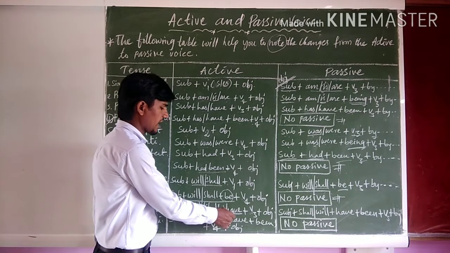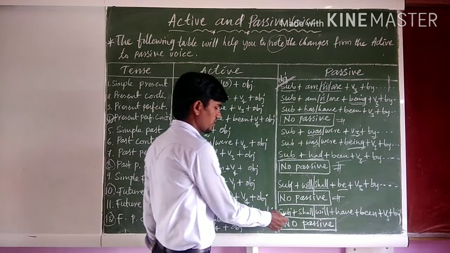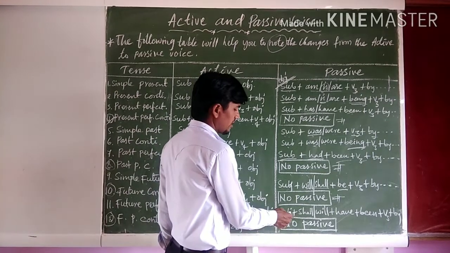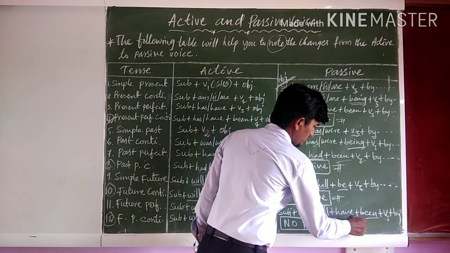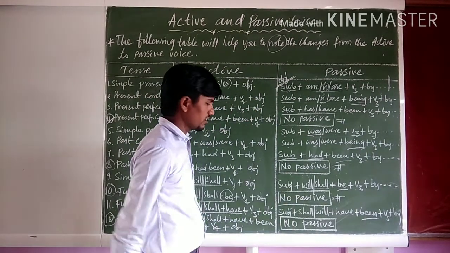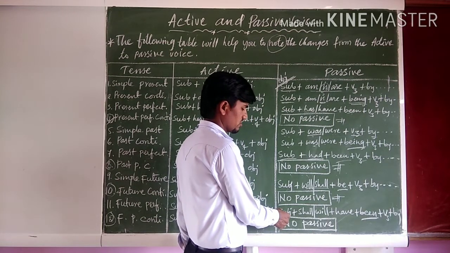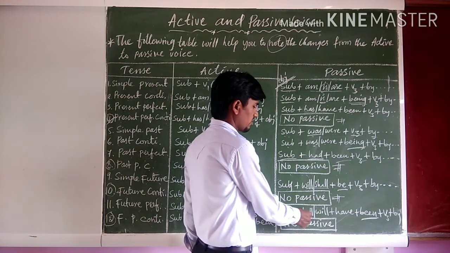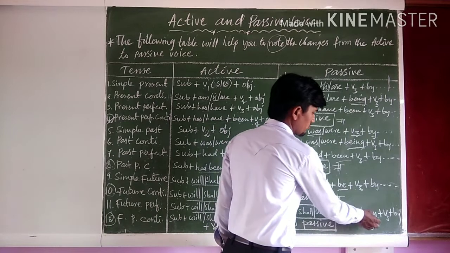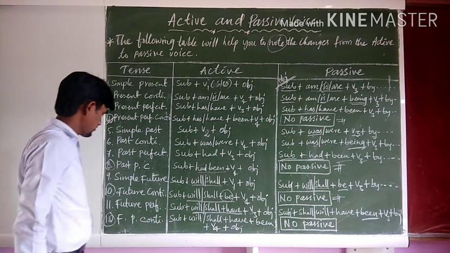Its passive form is: a letter will have been written by him. Therefore, the passive structure is subject plus will or shall plus have plus been plus V3 plus by phrase.